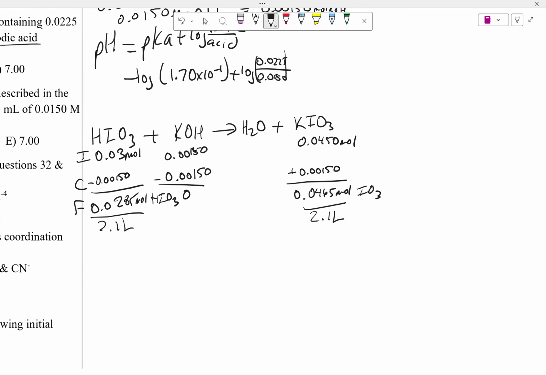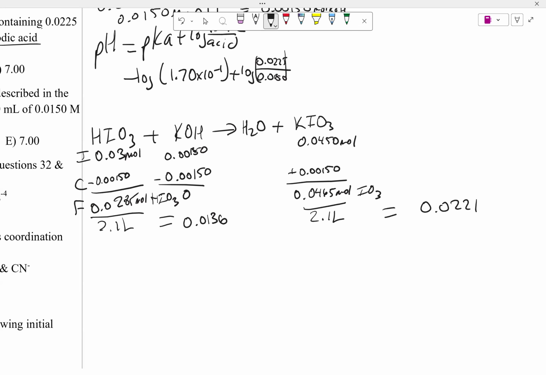I got approximately 0.0136 for this one and 0.0221 for this one. I would recommend you do it exactly from the calculator. I'm just writing it out for you guys.